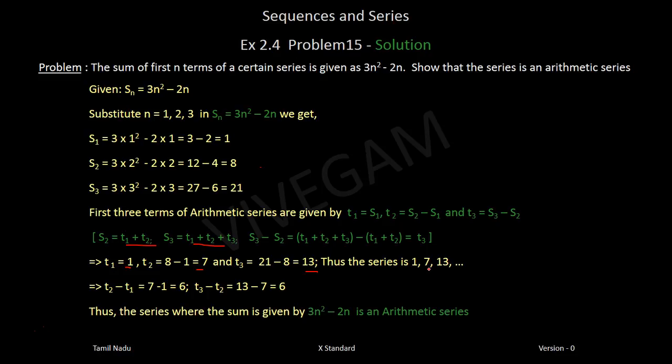So what is t2 minus t1? 7 minus 1, 6. What is t3 minus t2? That is 13 minus 7, 6. It is 6 in both cases. So it is an AP. So the arithmetic series is 1, 7 and 13. Right? So the series whose sum is given by this formula is an arithmetic series, and this is the arithmetic series. You got it?